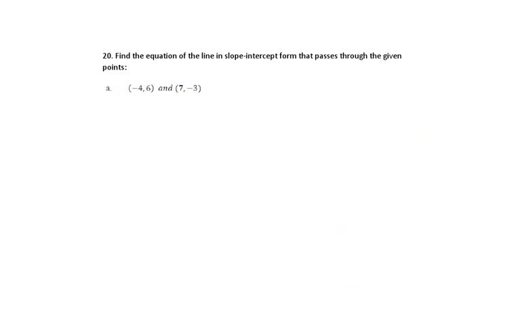Number 20 would like us to find the equation of the line in slope-intercept form. So, what that means is this. We're going to have to use this equation, the one that goes y minus y1 equals m times x minus x1. But before we can do that, we got to find the slope. And the slope goes y2 minus y1 over x2 minus x1.